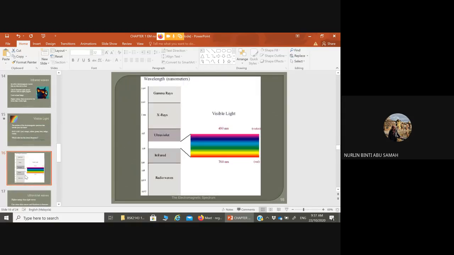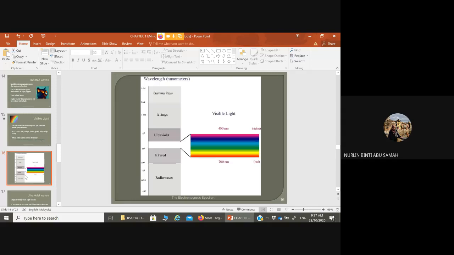Here you can see the ultraviolet and visible light. The range for visible light is about 400 nanometers until 700 nanometers.